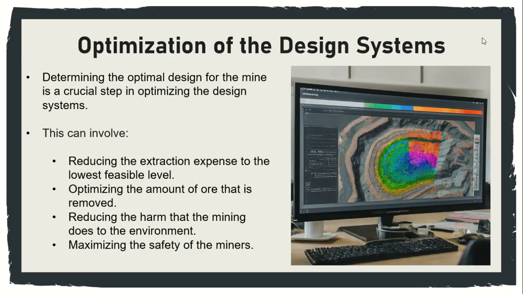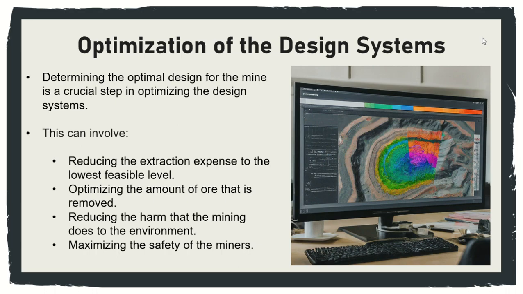So, optimization of the design system. Determining the optimal design for the mine is a crucial step in optimizing the design system. This can involve reducing the extraction expense to the lowest feasible level, optimizing the amount of ore that is removed, reducing the harm that the mining does to the environment, and maximizing the safety of the miners.